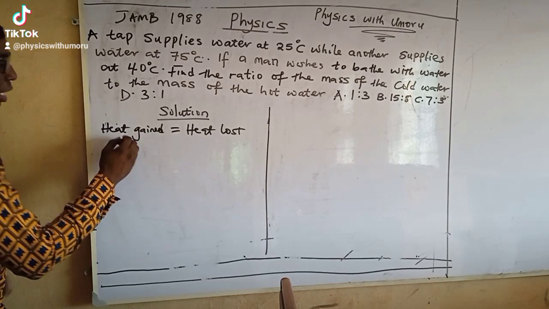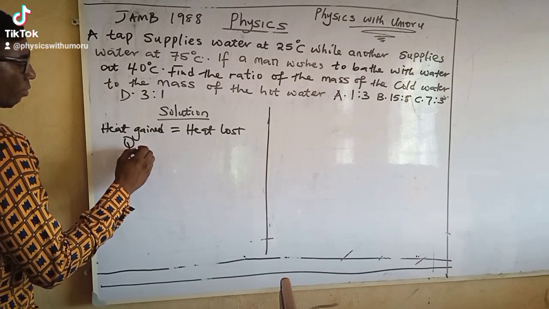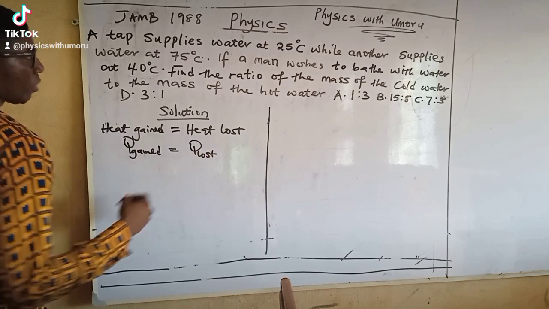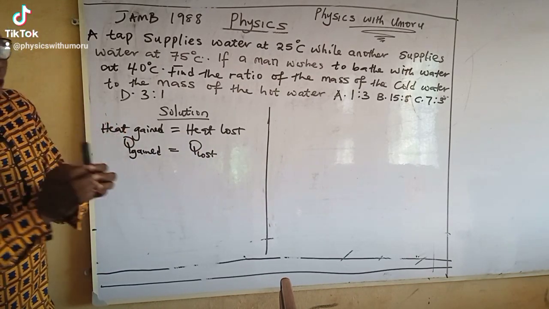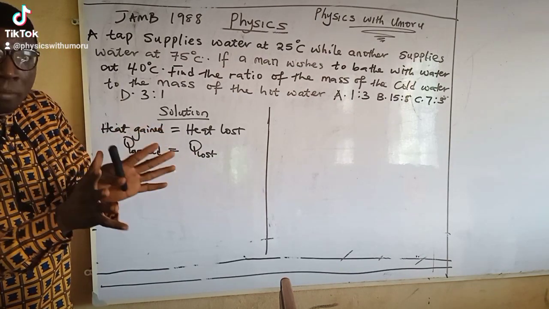Let me use Q as heat. Heat gained is equal to heat lost. When they are mixed, the hot water becomes warm finally, and the cold water becomes warm finally.